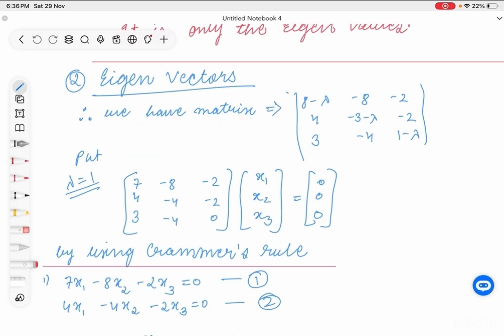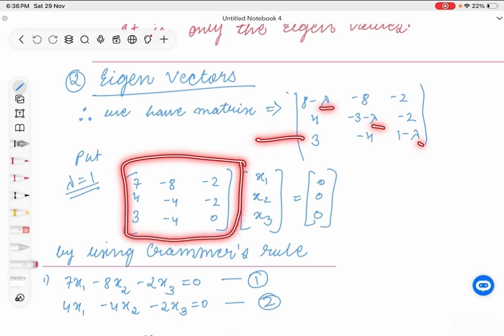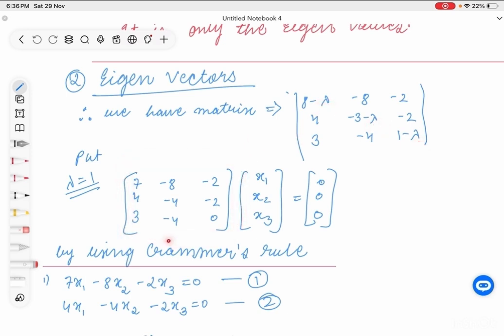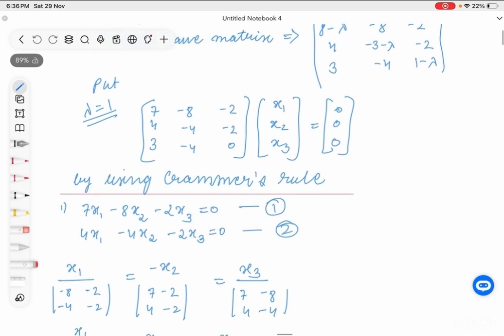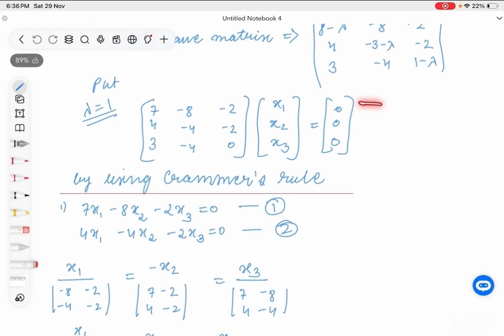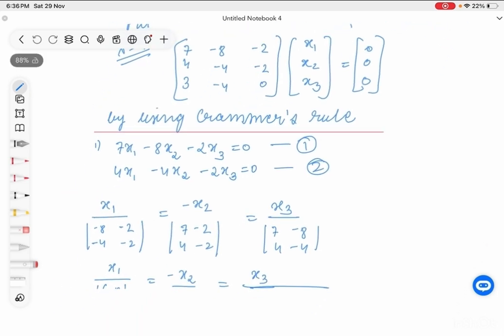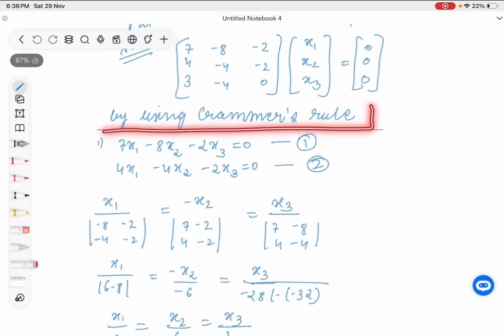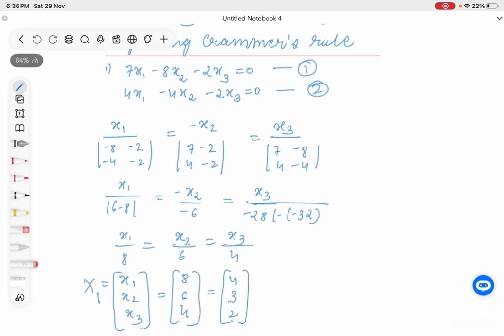First we will put lambda equals 1 in this equation and we will get this matrix. Now comparing these two we will get three equations, but we have to take only these two equations, and by using Cramer's rule we will get the first eigenvector's value.